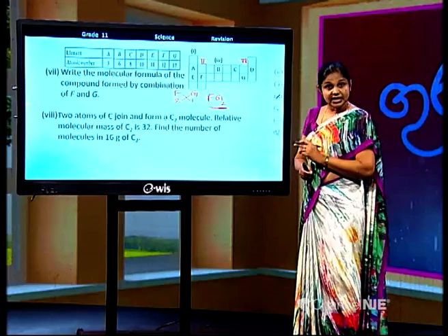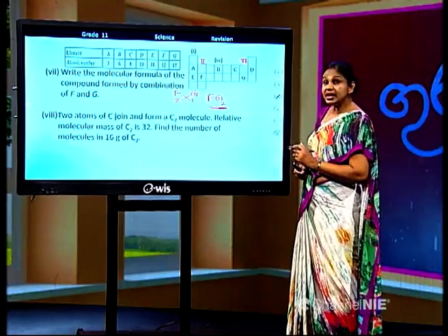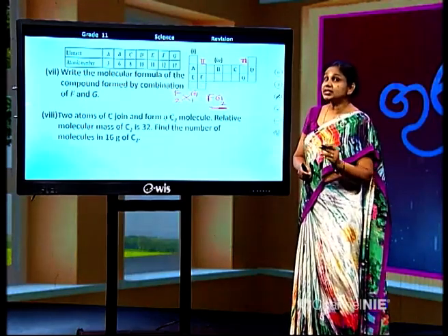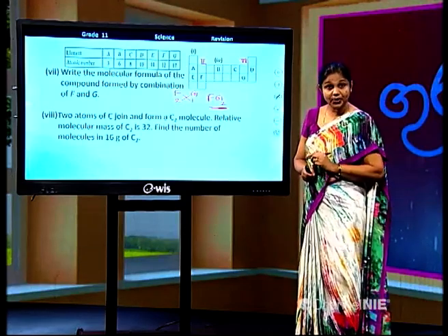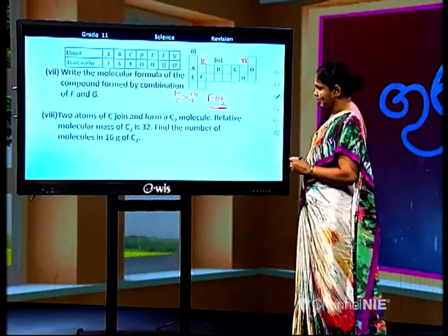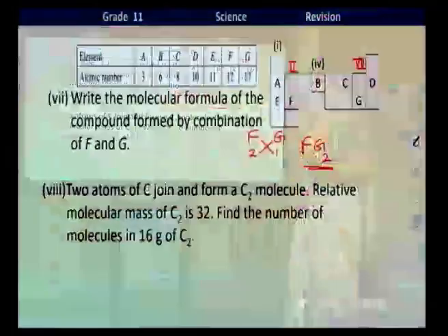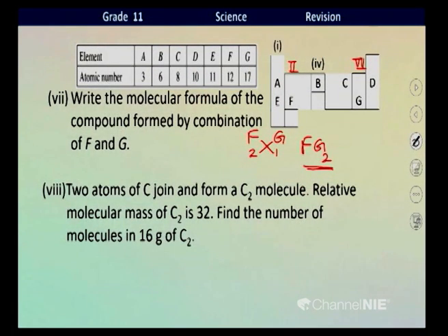Now, it is given the relative molecular mass of C2 or O2 equals 32. Then we have to find the number of molecules in 16 grams of C2, that is O2.